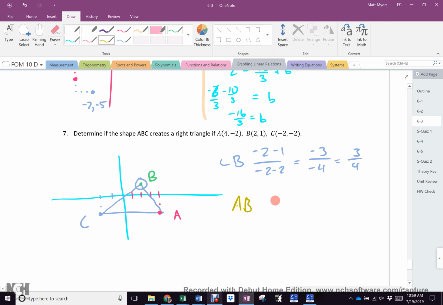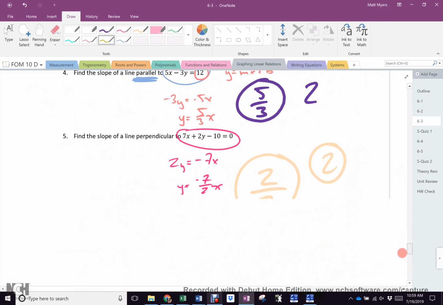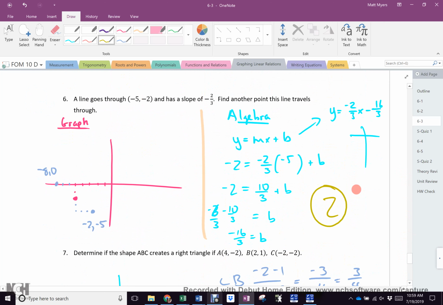AB is 1 minus minus 2 over 2 minus 4, which is 1 plus 2, 3 over 4 minus 2. 2 minus 4, negative 2. Are those reciprocals? No. So is it a right triangle? No. But it looks like a right triangle, but it's not. And then we're done.